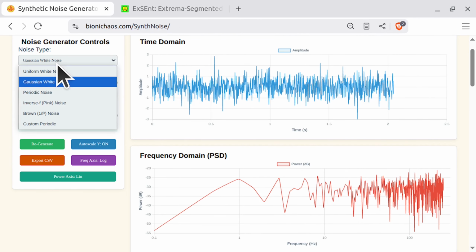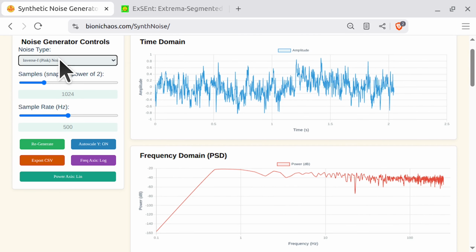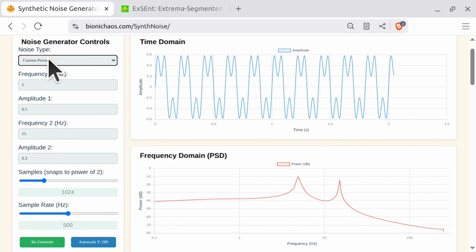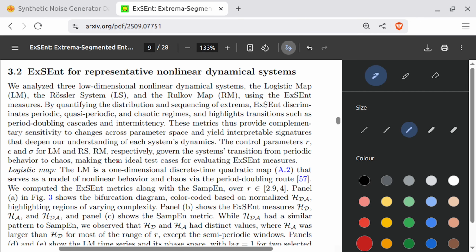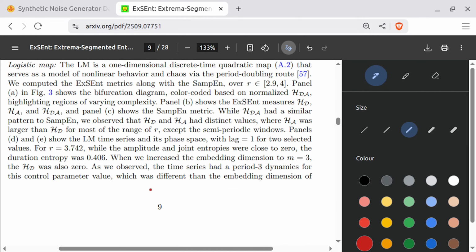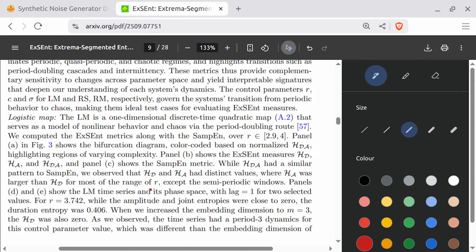The paper highlights that these metrics are sensitive to parameter changes, providing insights into the system's dynamics. The control parameters R, C, and sigma govern the transitions to chaos, making these systems ideal for testing ExSEnt. The logistic map is specifically mentioned as a model for nonlinear behavior and chaos. ExSEnt metrics, along with SampEn, were computed for these systems.